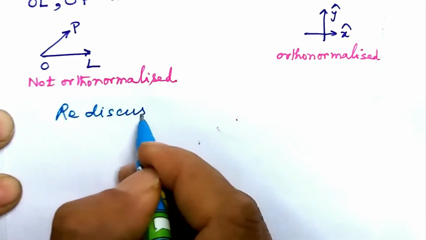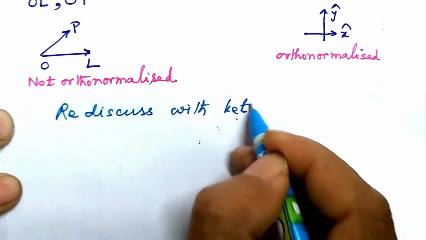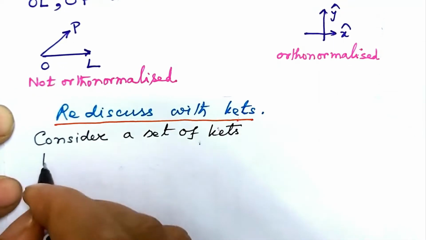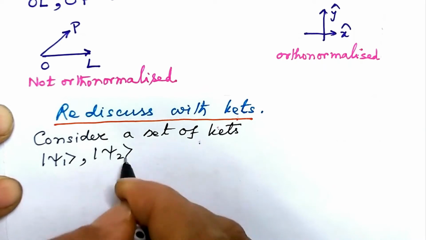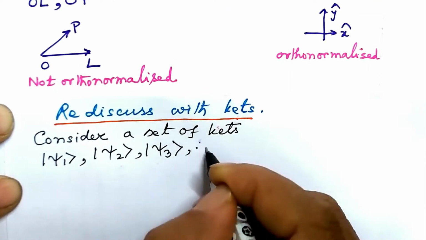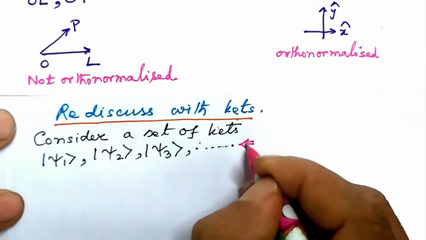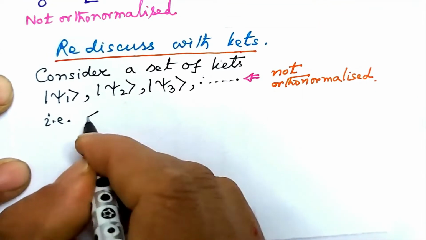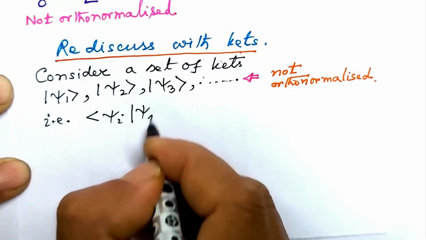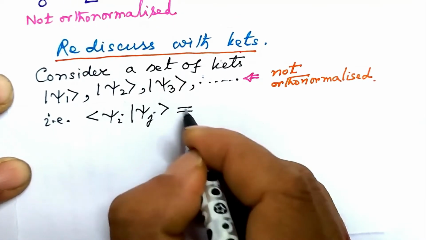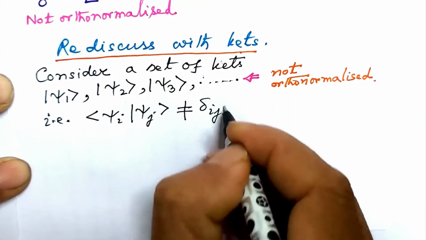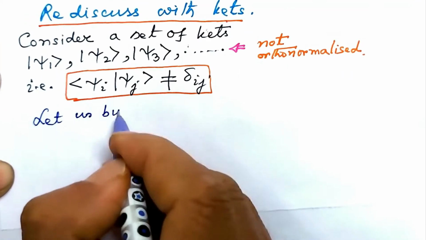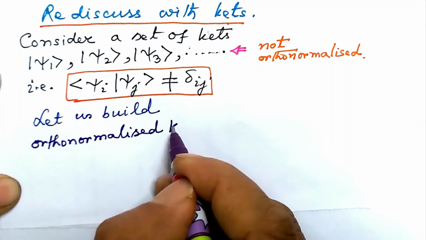We now rediscuss with kets. Consider a set of kets, ket psi 1, ket psi 2, ket psi 3, etc. This set is not orthonormalized. That is, the inner product bra psi i ket psi j is not equal to Kronecker delta ij. Let us build orthonormalized kets.